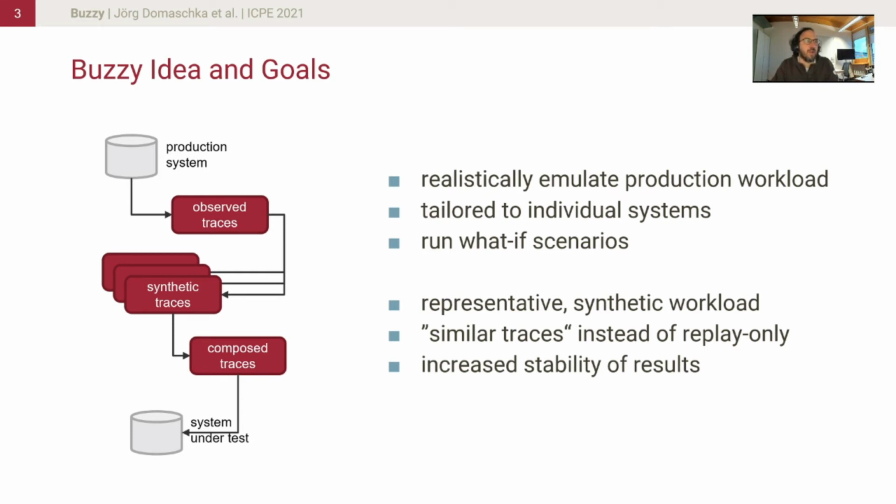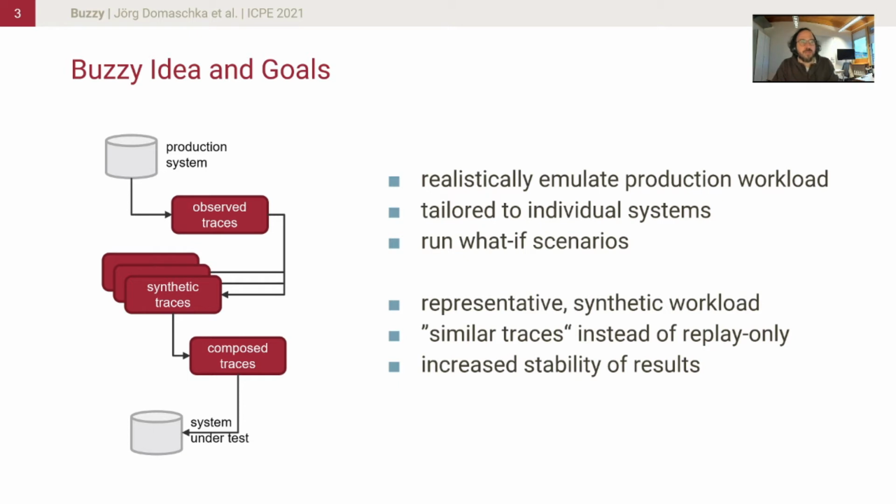In the final step, we could then recompose the synthetic traces and throw them against the system under load. We expect that this would allow us to realistically emulate production workload, but still be tailored to individual systems. In particular, we would be able to not only replay collected workloads, but also run what-if scenarios by changing how the traces are composed.